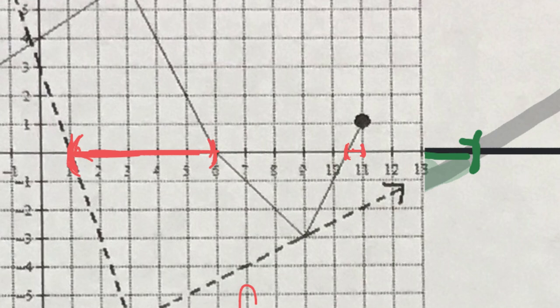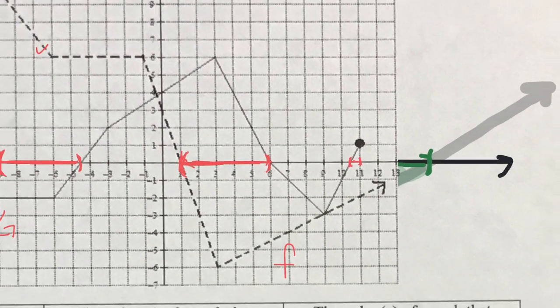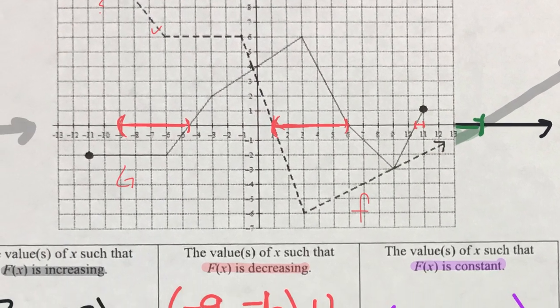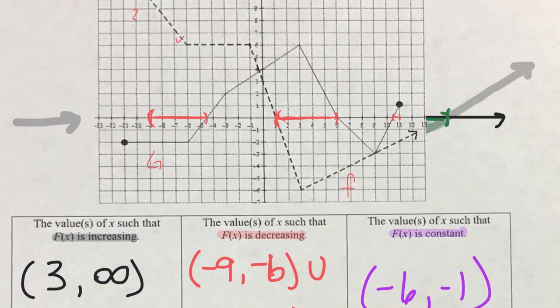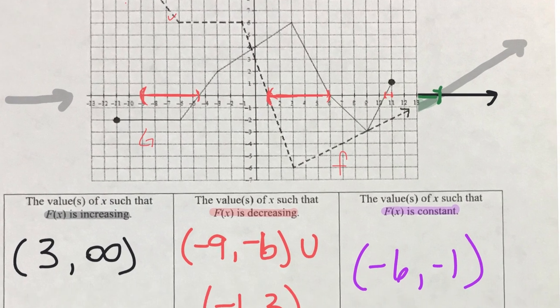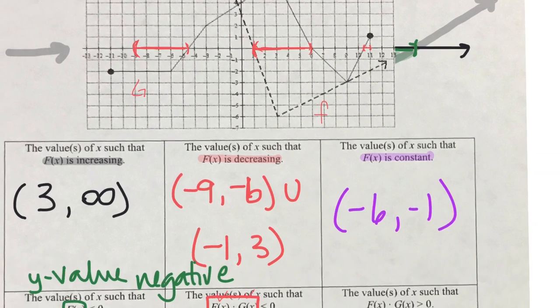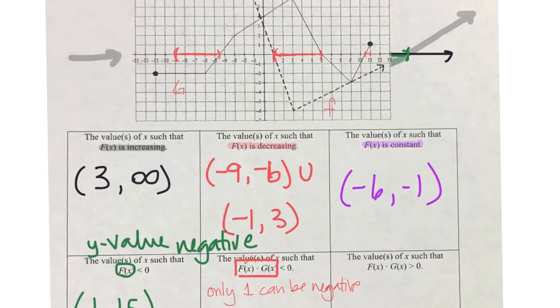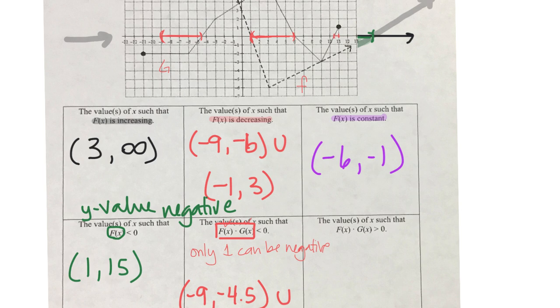So we have three separate intervals where our graphs are in opposite places. One is above and one is below. So their product is going to be negative because only one of them can be negative to give us a negative product. Okay, so let's write that interval. So there is your one answer represented by three intervals of choices there.